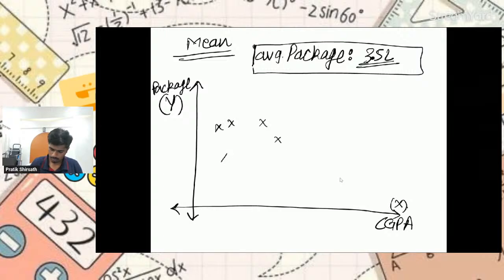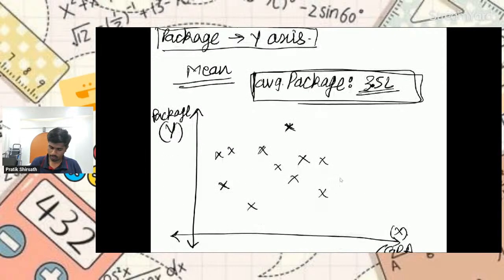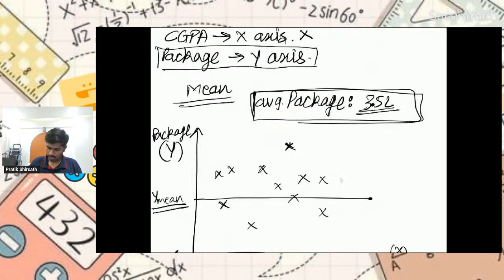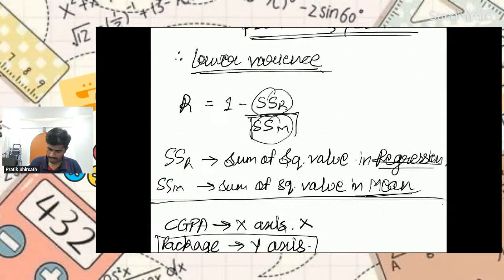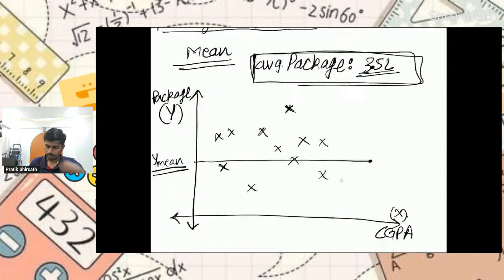Someone got a 9, oh my god, got a 9, okay. Someone got a 4, someone got a 3. This is my scattered data. Simple. And when I'm pointing out this 3.5, 3.5 will come somewhere here. This is my y mean, and this SSM is nothing but the sum of squared values in the mean line. Now I will calculate the error of these values with respect to this line.